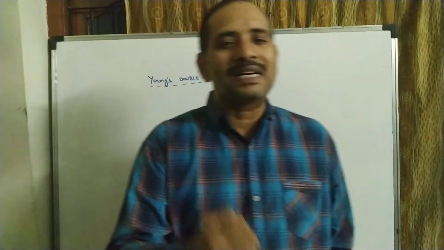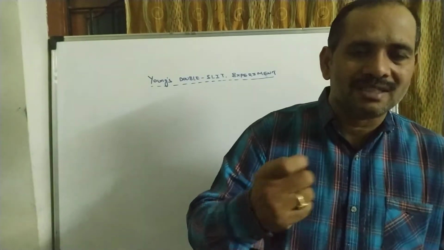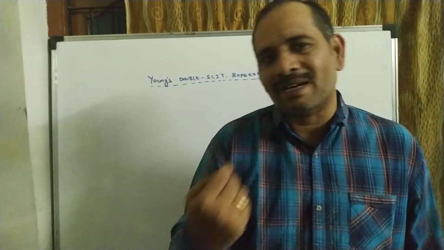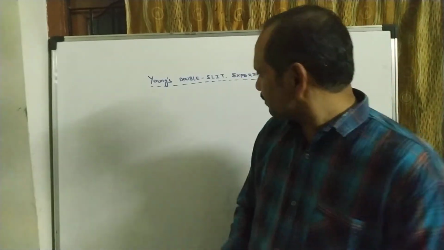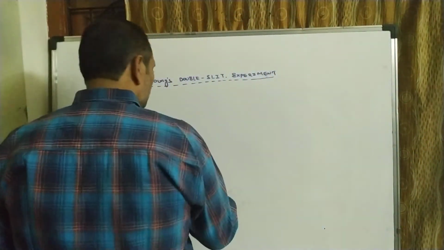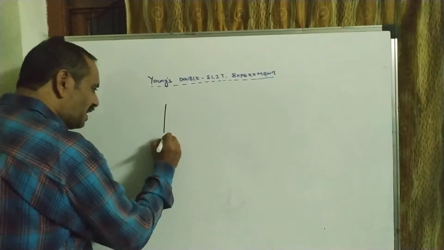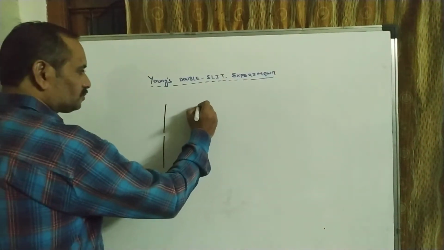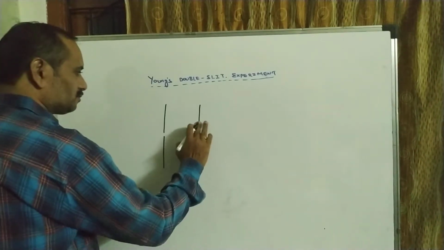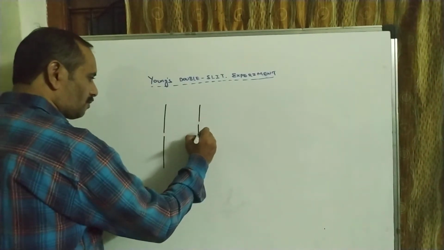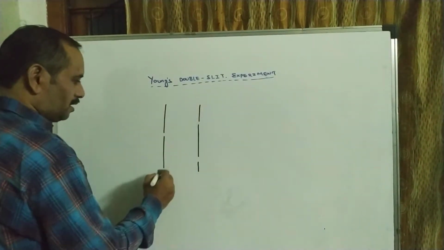Sir, how to get coherent sources? Coherent sources are obtained from a single source. So the first one I am analyzing with you is the YDSE experiment. Thomas Young did it like this. He took two cardboards like this.